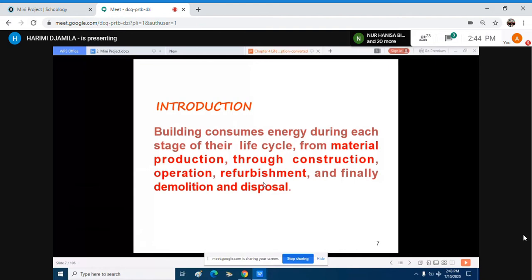In terms of life cycle analysis, this is a very complicated, quite challenging topic. But anyway, for us, you will have only a very brief introduction, which will help a lot and give you better insight. So as I mentioned, even after the construction of a building, the demolition and disposal part should not be ignored.